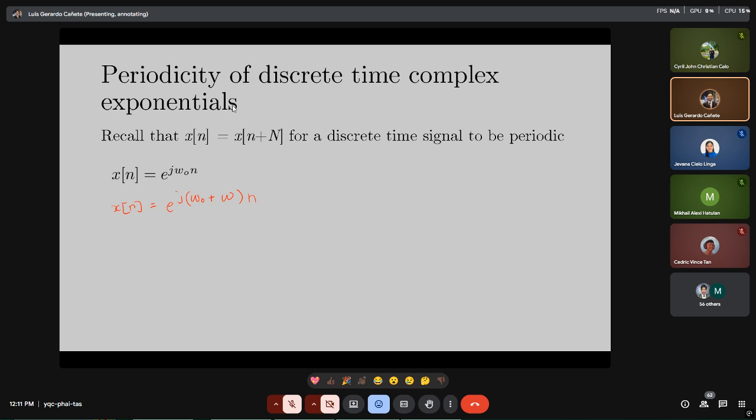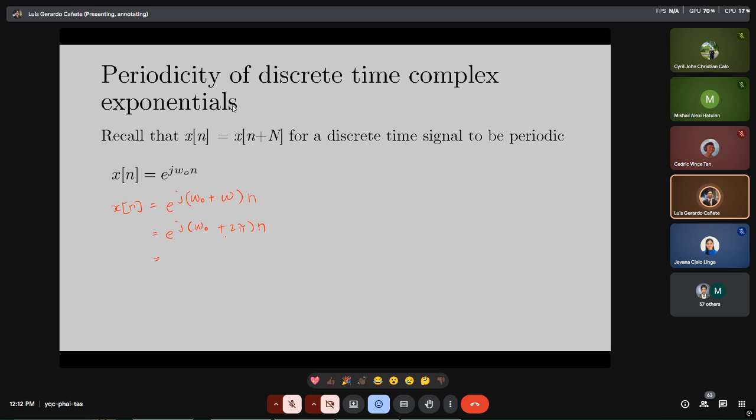Something weird happens when you're in the discrete time case. And it's the fact that if you increase the value of omega so that the value of omega is equal to 2 pi, right? If it's equal to 2 pi, what happens to this signal right here? If omega is 2 pi, which means we have effectively increased omega o so that it's now equal to omega o plus 2 pi.